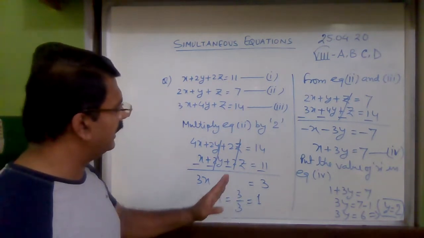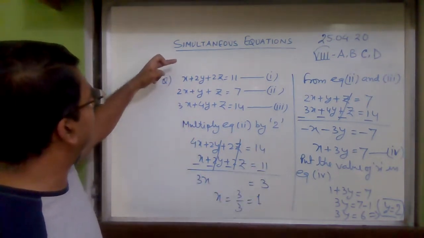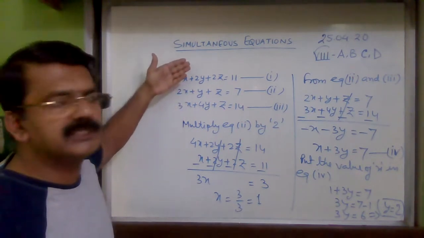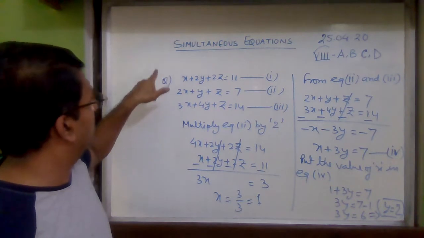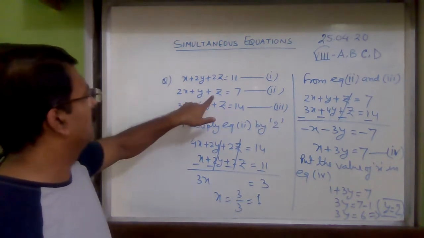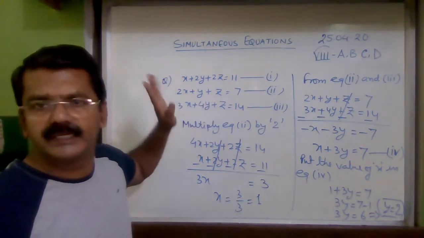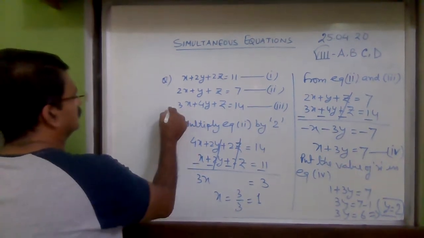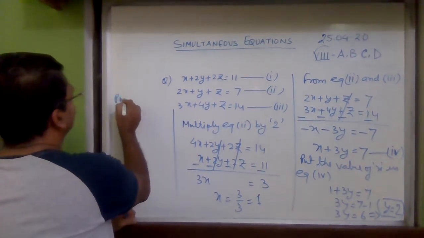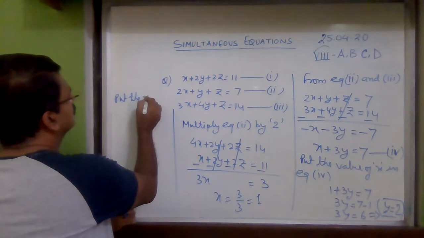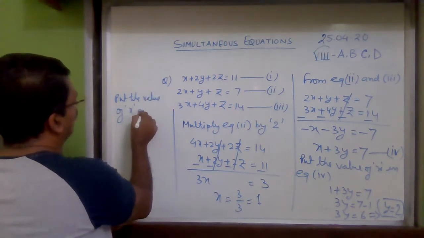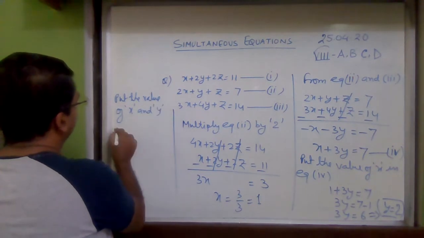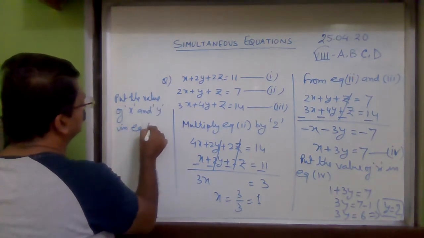So just put the value of x and y in any of the 3 equations, but we will put it in the second equation because the coefficient of z is 1 over here. So put the value of x and y in equation 2.